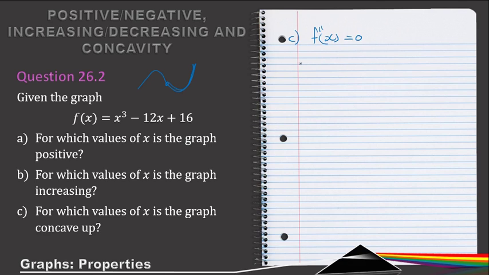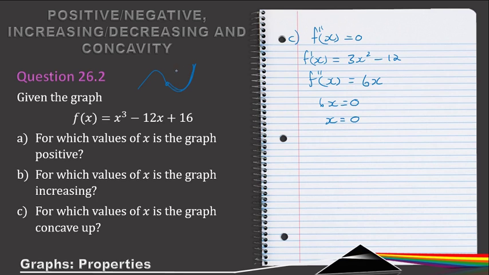Our first derivative was equal to 3x squared minus 12, and then our second derivative is equal to 6x. If I solve for 6x equal to 0, then x is simply equal to 0.